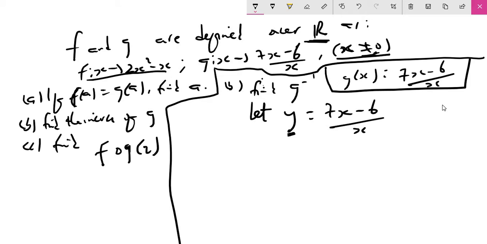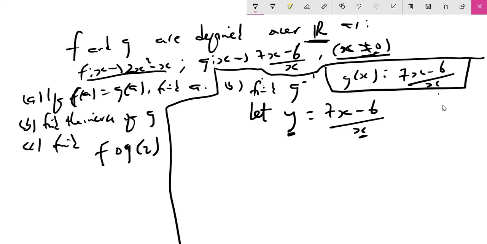What we do is we make x the subject. We're trying to find the expression that will give us the original x, the original x that was put in the function g of x. Remember, the inverse function is trying to look for the original variable that was put in the function. So we make x the subject from here.